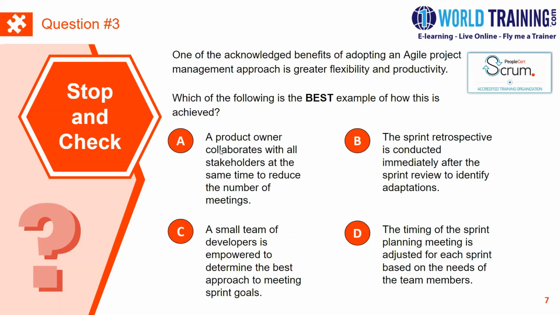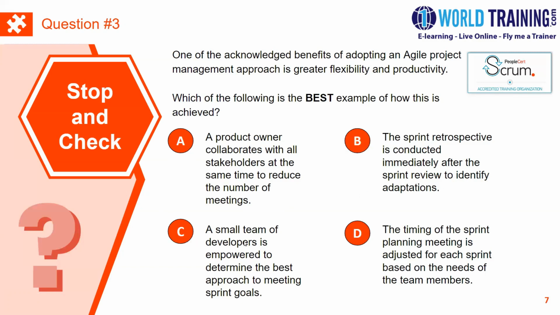Option A, the product owner collaborates with all the stakeholders at the same time to reduce the number of meetings. Option B, the sprint retrospective is conducted immediately after the sprint review to identify adaptations.